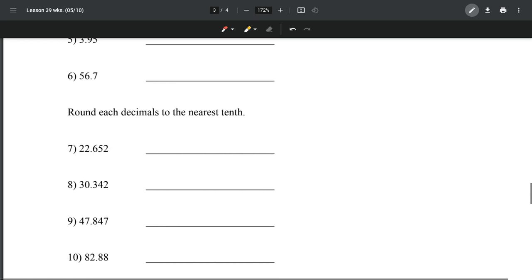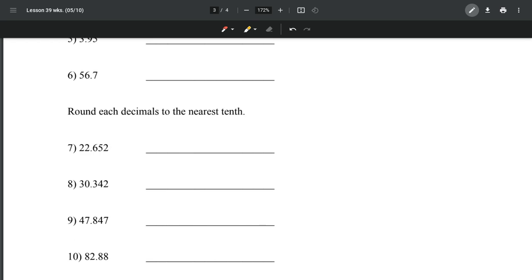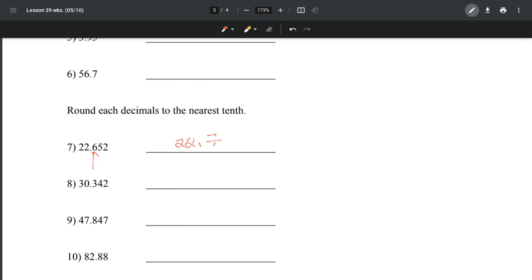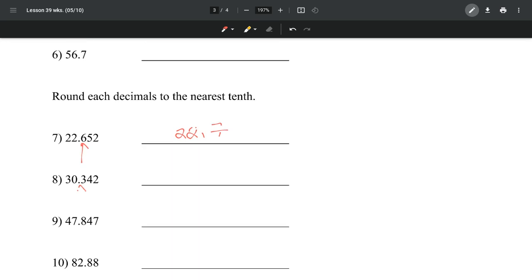For number 7, it says to round each decimal to the nearest 10th. So the nearest 10th is here, right? And so it's going to be 22.7. Number 8, again, we're rounding to the nearest 10th.